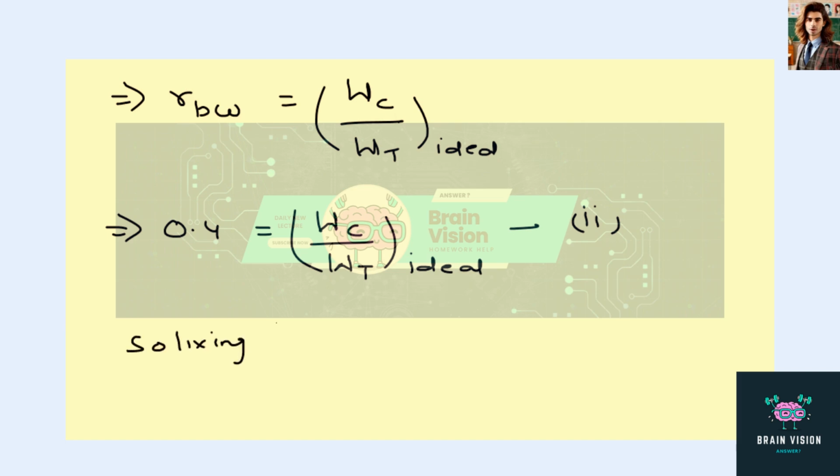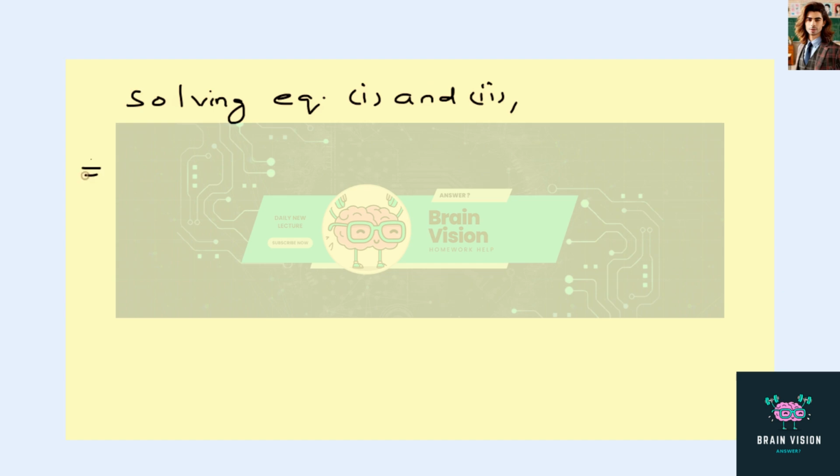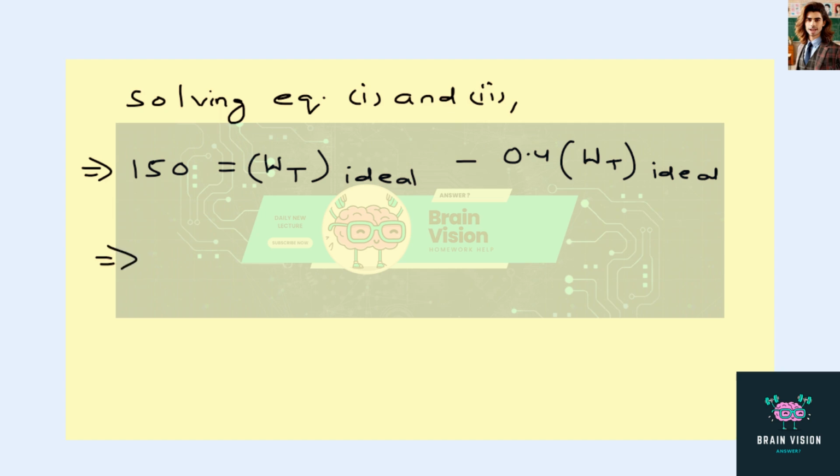So now solving equation 1 and 2, we will get something like this, which I am writing here. 150 is equal to WT ideal minus 0.4 under bracket WT ideal. So we can write WT ideal is equal to 250 kilojoule per kg.